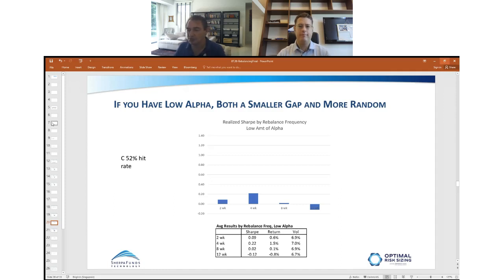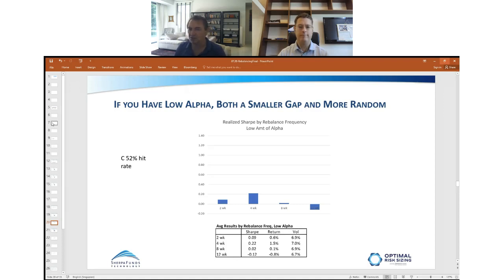Sometimes you can have ones that just lose money, and 52% isn't enough to make money, certainly not when you're paying transaction costs. So you have more randomness in your overall outcome, and the transaction cost really kicks in for the 2-week relative to the 4-week.